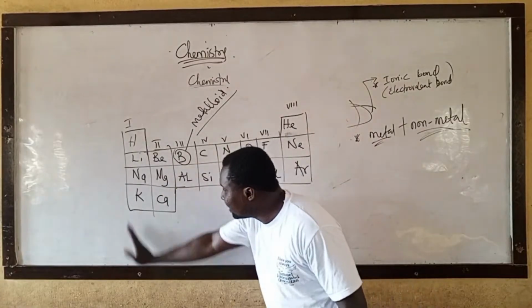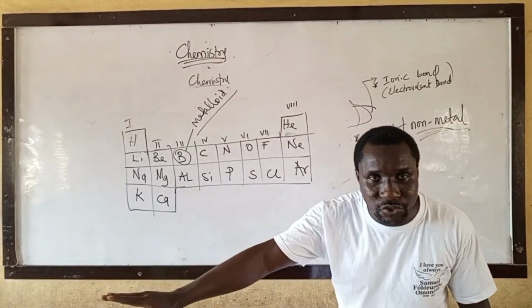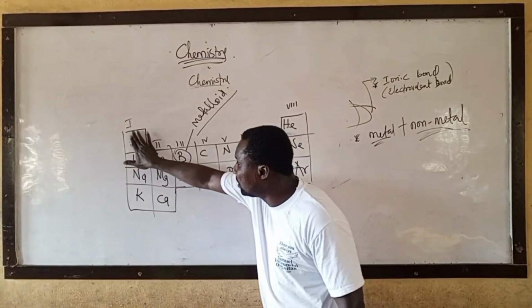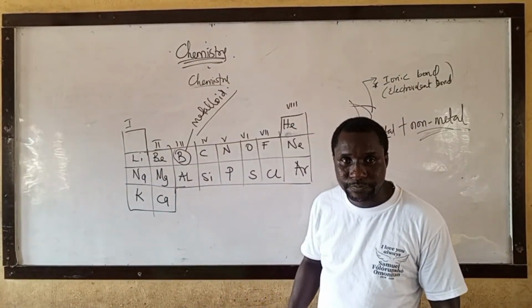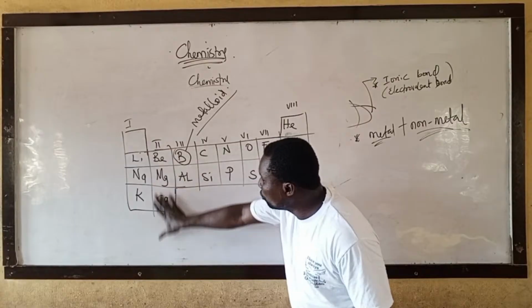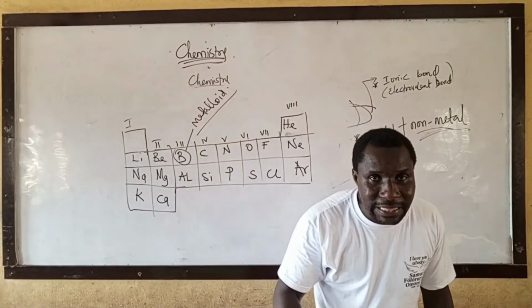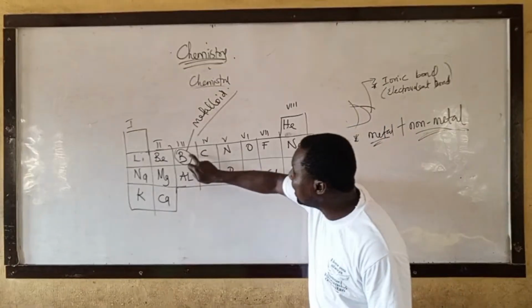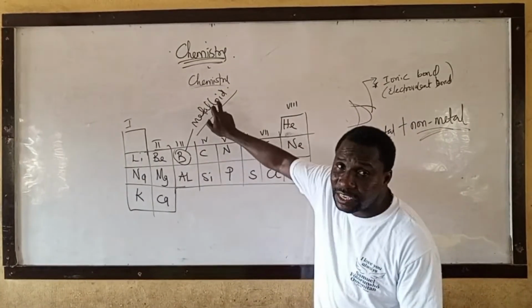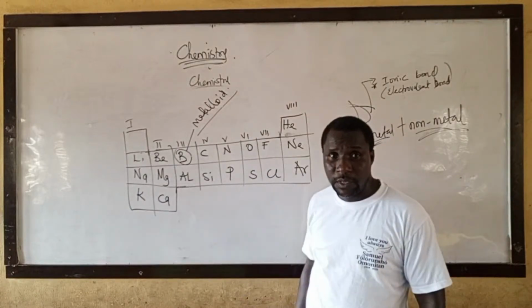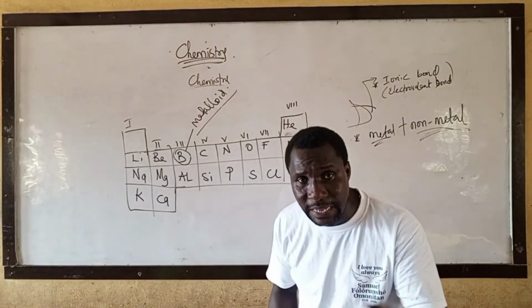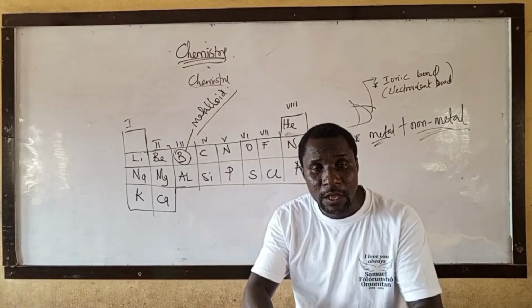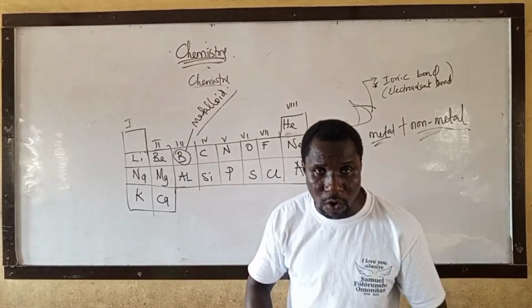The other elements in group 1 are metals. Elements in group 3 are all metals except boron, which is a metalloid. We have three types of elements: metals, non-metals, and metalloids.